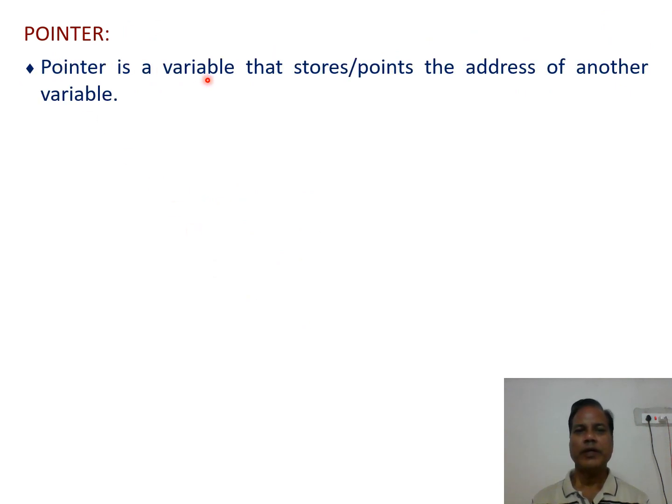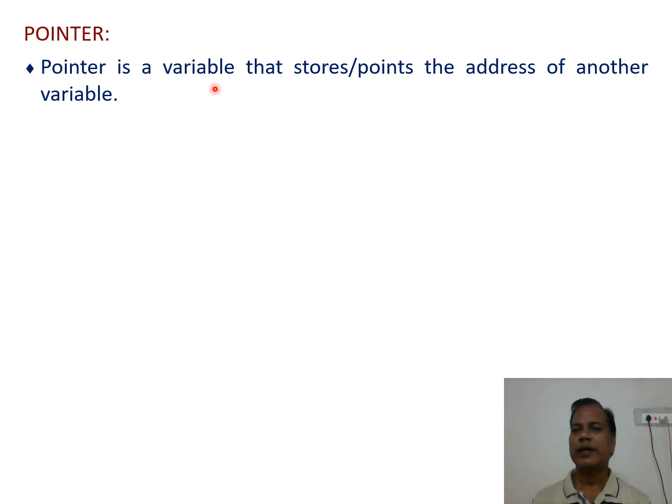So a pointer is a variable that stores the address of another variable. This pointer is used to store the address of a variable because we know that whenever we declare a variable, a memory location with some address is set aside to store the data corresponding to the variable declared.